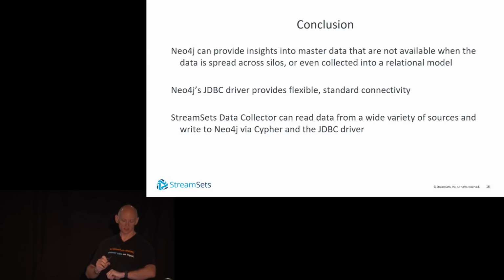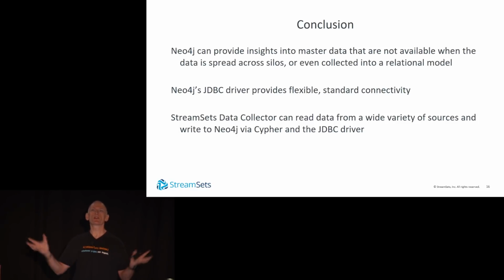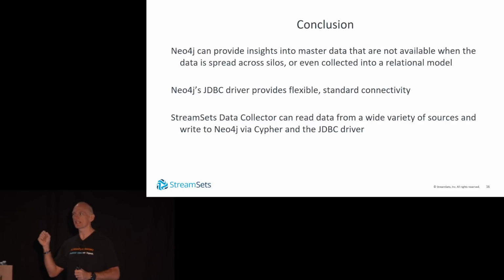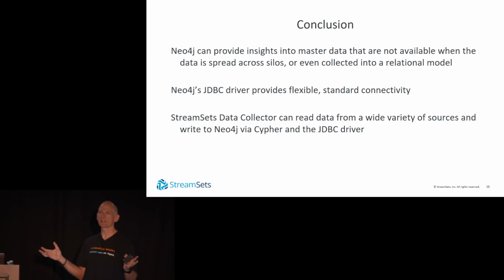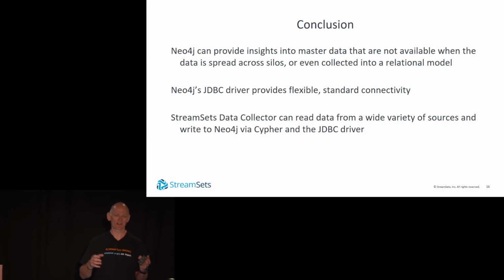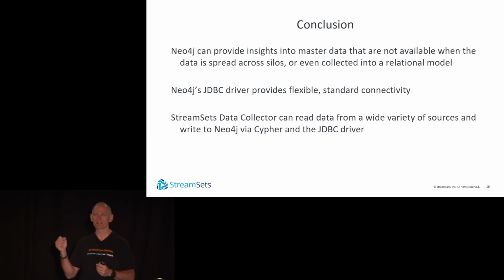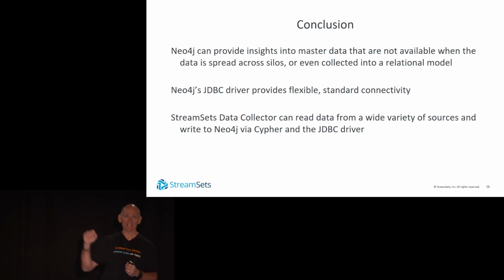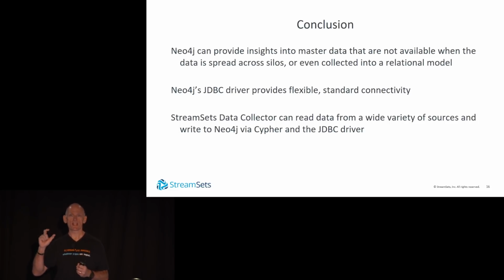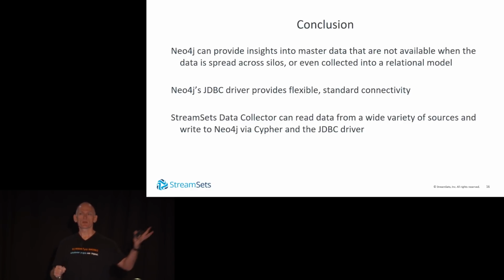So coming to a conclusion, we might even have a couple of minutes for questions. Neo4j can provide insights into data that are just not available when the data is in rows and columns and spread across silos. This shouldn't be news to anybody here. It's one of the main points of value here. We can run these graph queries that are just not feasible in relational databases. That JDBC driver is an excellent tool for bringing together standard applications that use this JDBC interface with Neo4j.